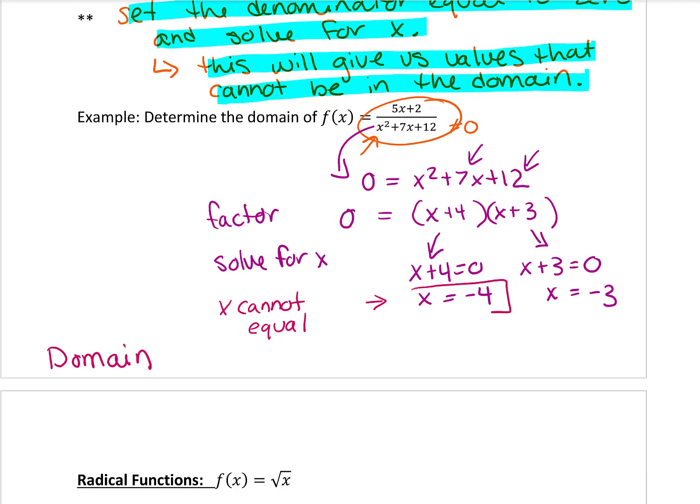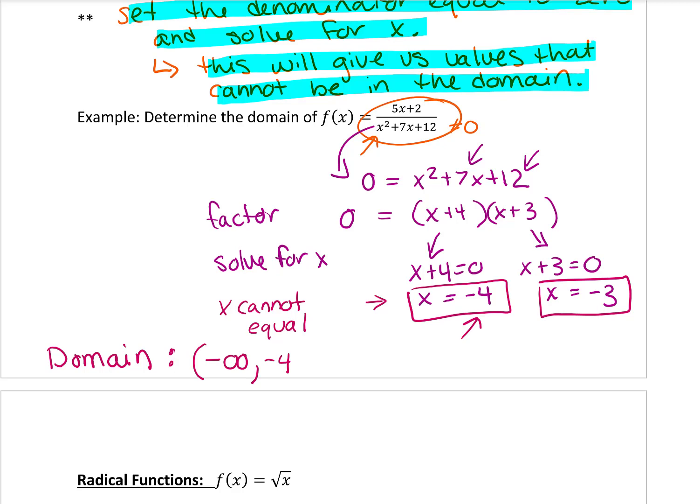So remember, our domain is everything except for these two numbers. So that means it goes from negative infinity, paired with negative infinity is always a round parentheses because negative infinity is not a specific number. We're going to go from negative infinity all the way to negative 4.